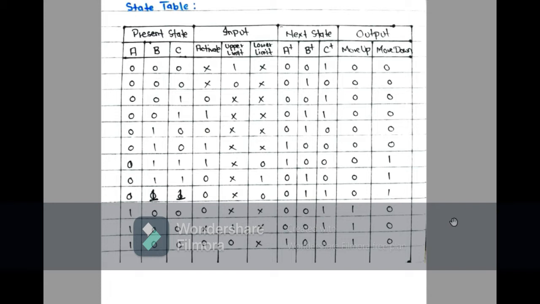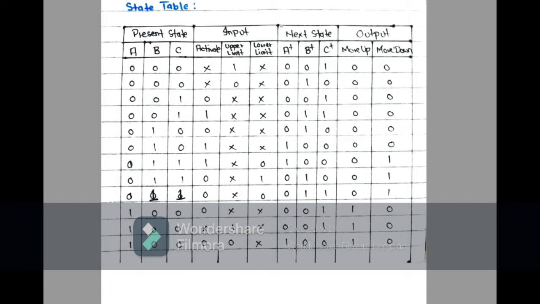Otherwise no function will be performed. So in the next cases, when our activate is 1 and the upper limit and lower limit are don't care, our outputs move up and move down are both 0, 0, because we don't know whether we have to move up or move down, as we don't know the upper and lower limits. So when we have the activate 1 and we have the upper limit, we have to move down.